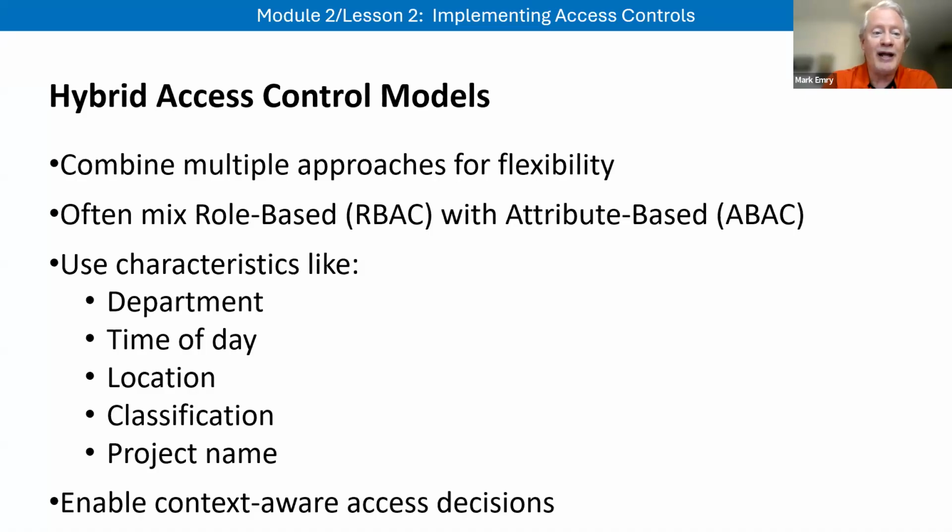This approach combines a user's role with additional attributes to make access decisions. An attribute-based model uses characteristics of users, resources, and the environment. For example, the department, time of day, location, classification, or project name can be used to make context-aware decisions for access.